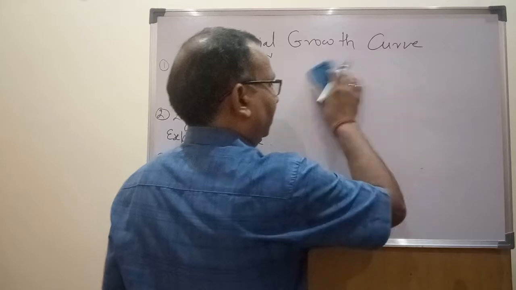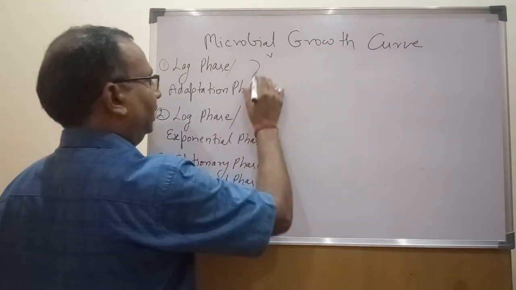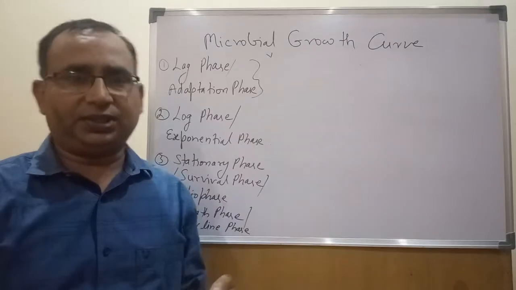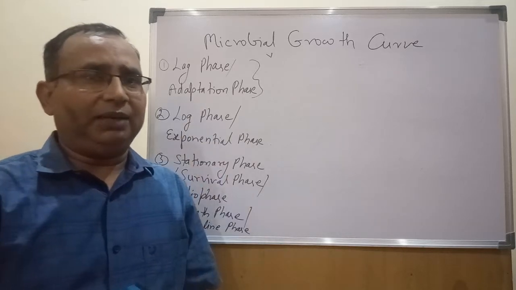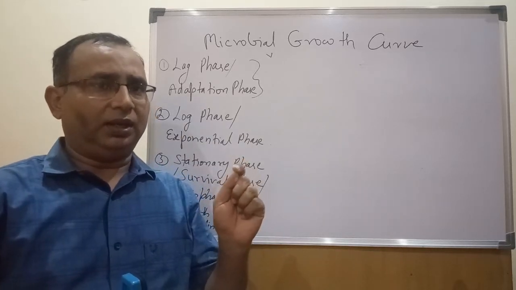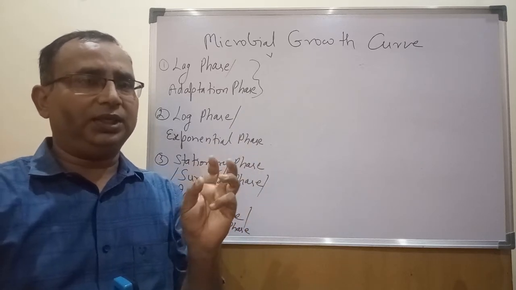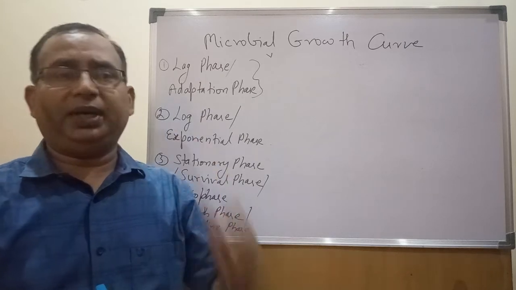So we have the first phase of the microbial growth curve, it is called the lag phase or adaptation phase. The time when we add microbe into the suitable atmospheric condition inside a suitable nutrient medium.